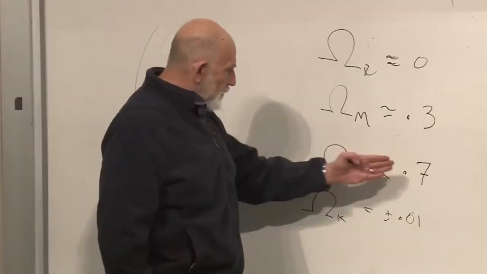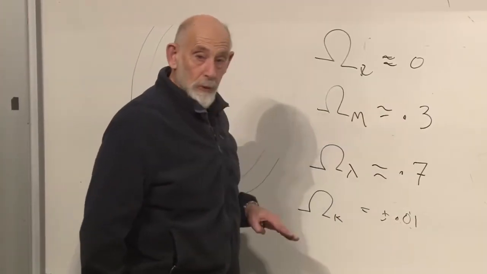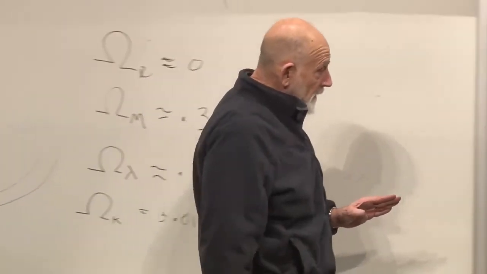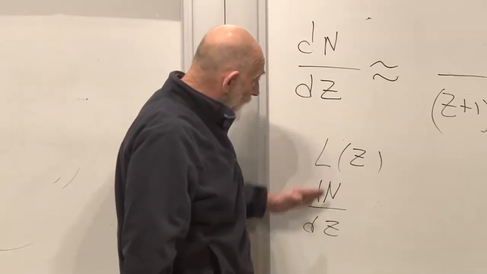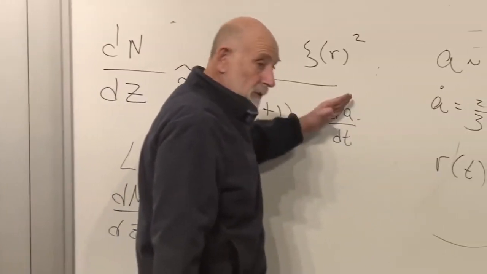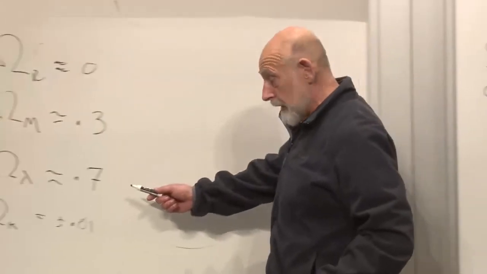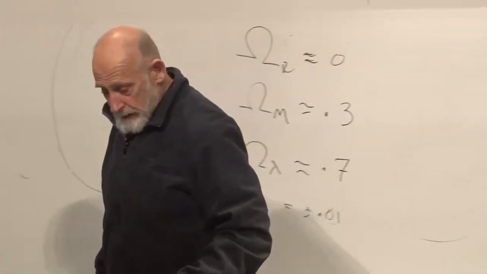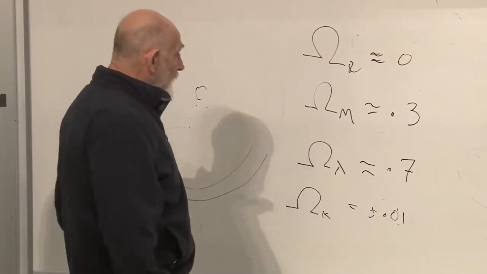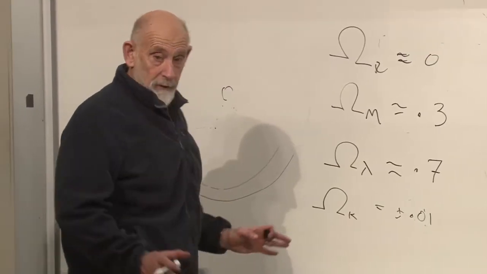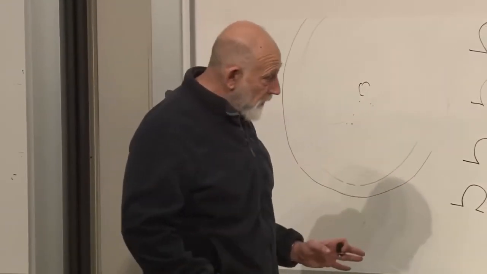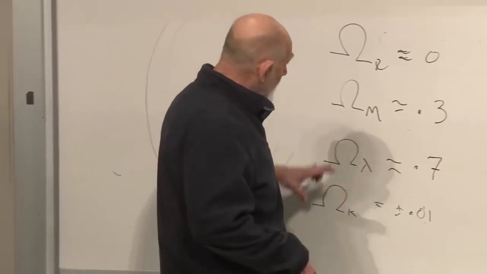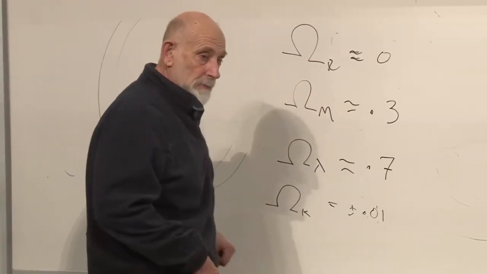Omega lambda is about 0.7, omega matter about 0.3. That's the best fit to these various pieces of information here, using models which depend on the equation of state. Okay. So just from counting galaxies, redshift and luminosity, that's the picture that emerges.